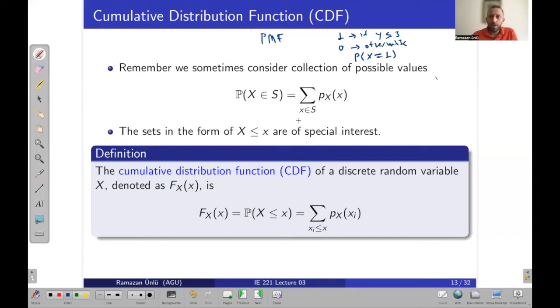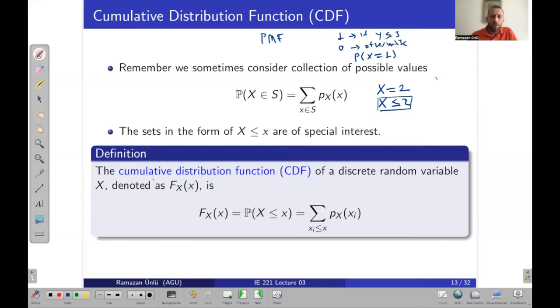So this arises in a special case, which is if we want to calculate the probability that the random variable is less than or equal to some number, okay? Let's say instead of calculating x is equal to 2, I want to calculate the probability of x less than or equal to 2. If this is the case, I can use the CDF to calculate the probability of this inequality.